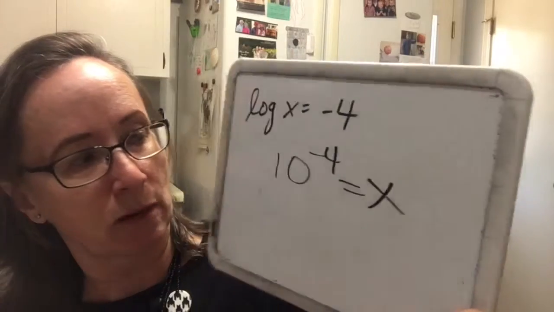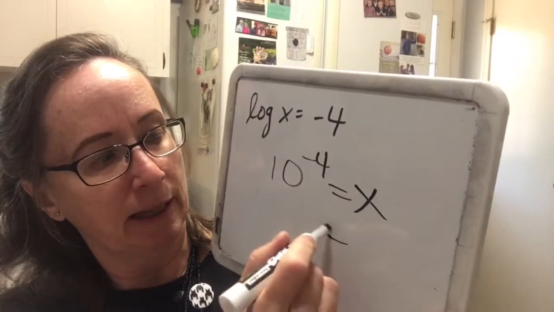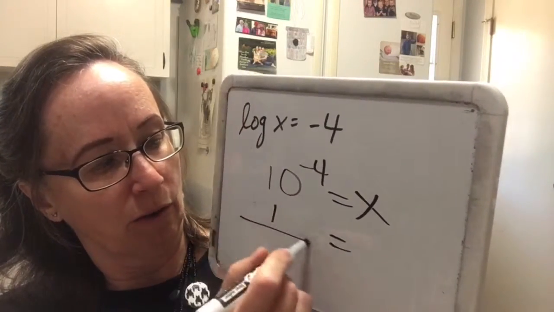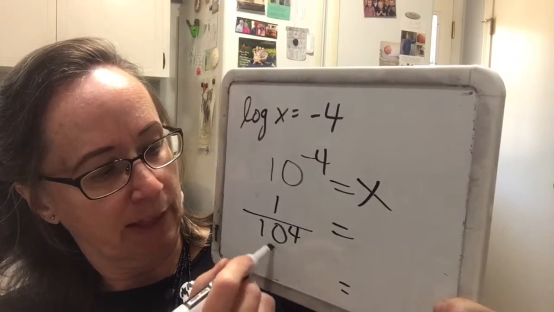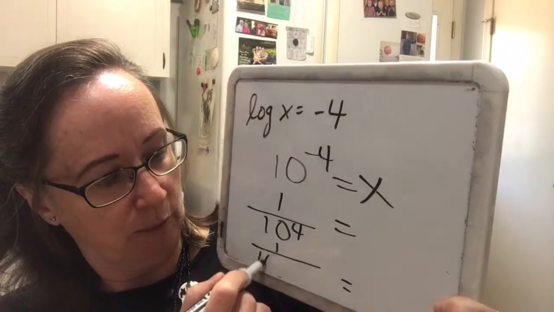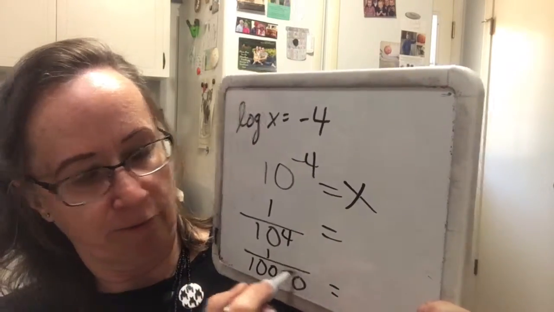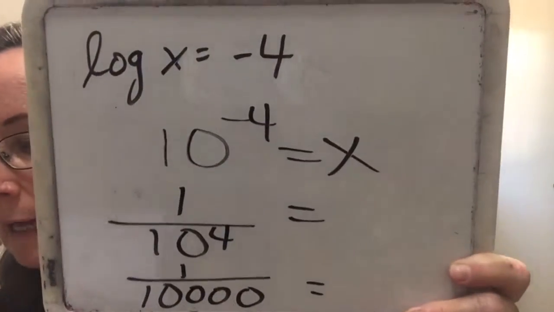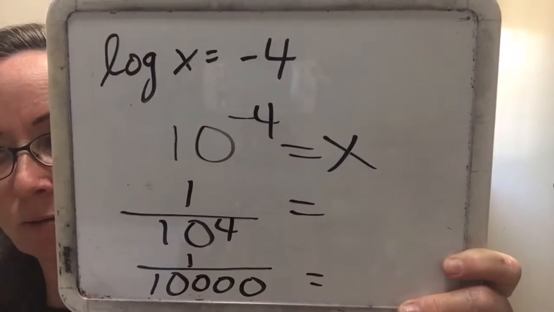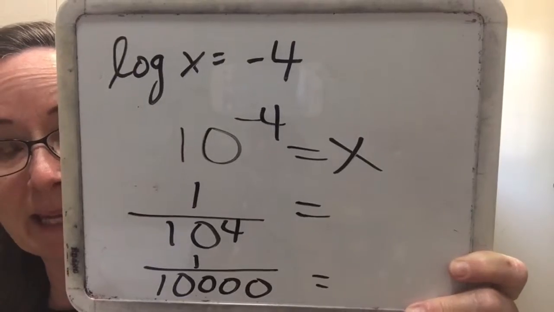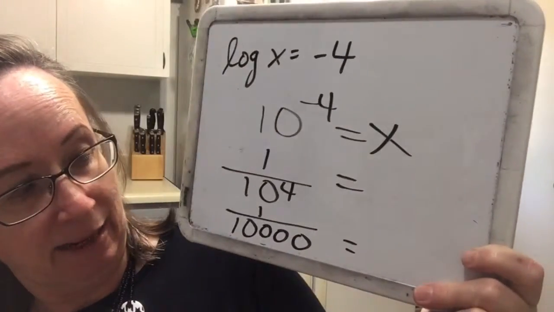10 to the -4 is the same thing as 1 over 10 to the 4th, which is the same thing as 1 over 1, 2, 3, 4 zeros. Okay, so they put the answer as 0.0001, and I wrote mine as a fraction.